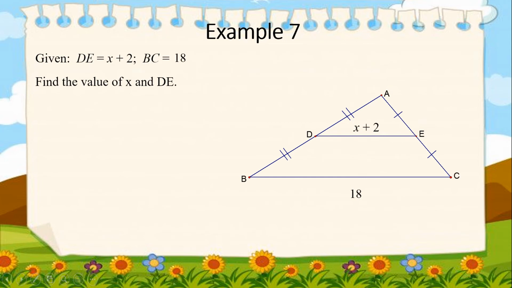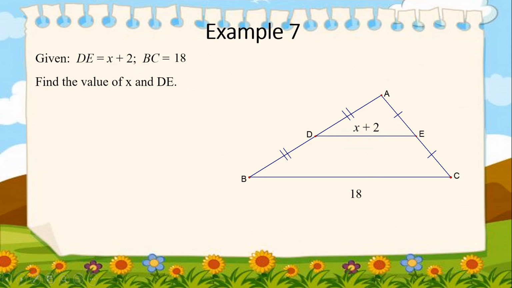Next example, given DE is equal to x plus 2 and BC is equal to 18. Find the value of x and DE. So if you can see in the figure, we have triangle ABC, wherein D is the midpoint of side AB and E is the midpoint of side AC.